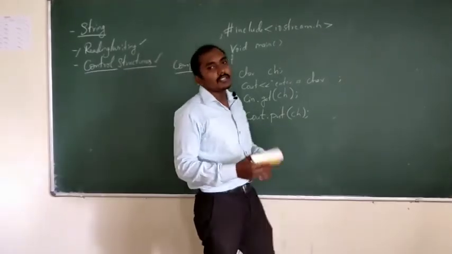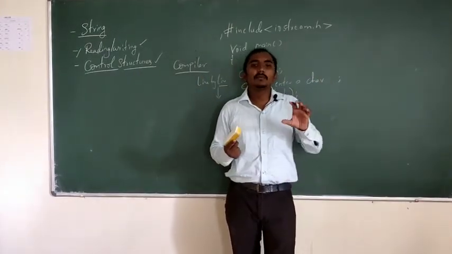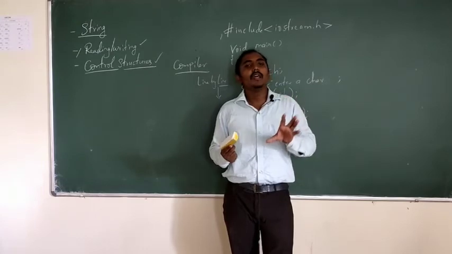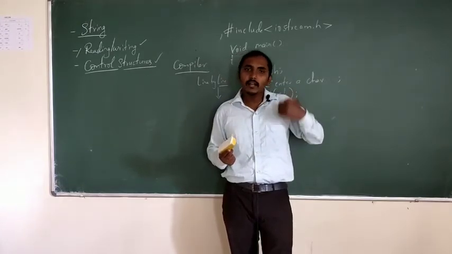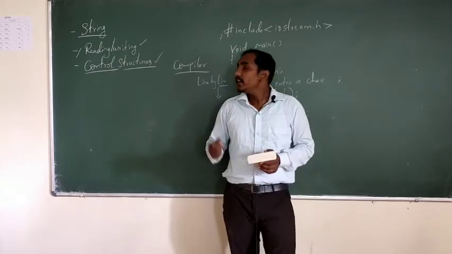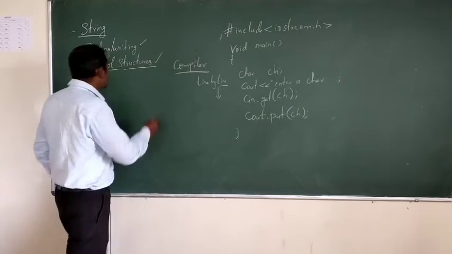So for example, I have 20 lines of statements. In that, somewhere in between, I need to skip 2 lines based on a condition. I want to skip those 2 lines and continue with the other lines. In that type of condition we will be using control structures.